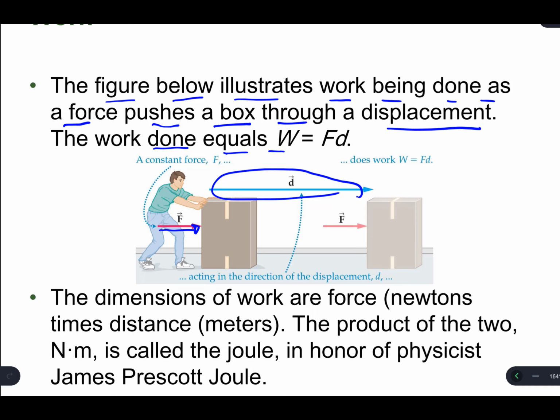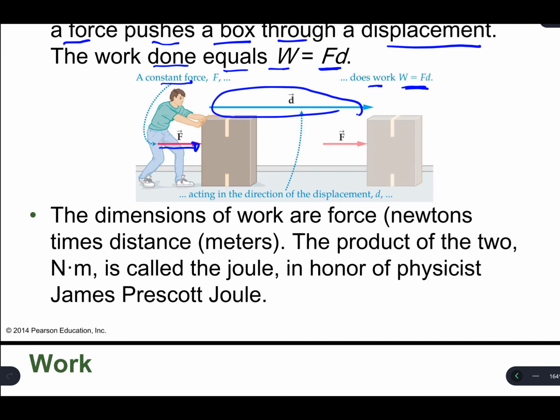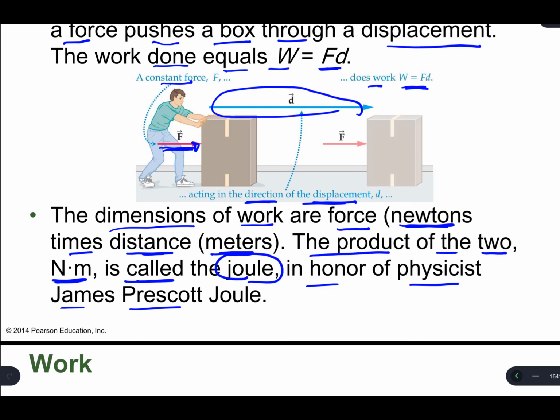The work done equals W = F D. So there is a force, an applied constant force, and it does work equal to F D. As you see, the force is in the direction of the displacement, and it is important. The dimensions of work are force in newtons times distance in meters.